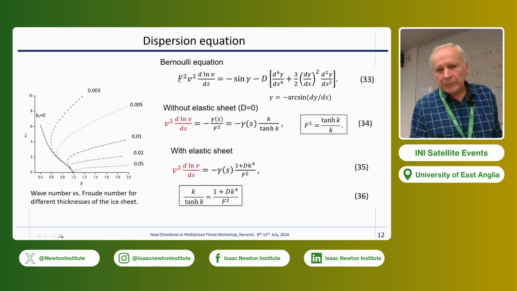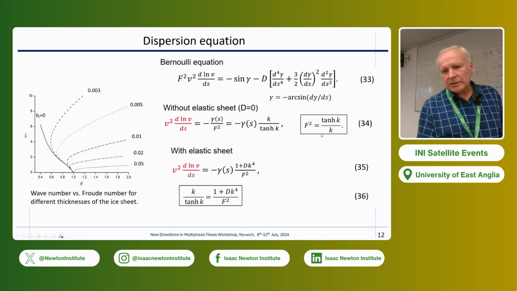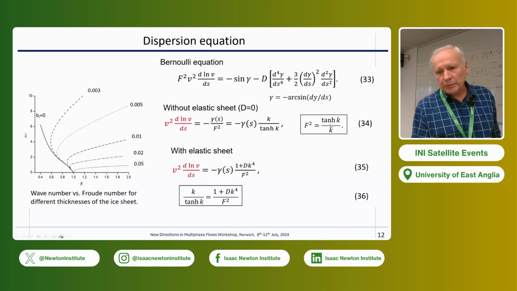So here the Bernoulli equation, differentiated Bernoulli equation, and without ice sheet we have this equation, and we know from the solution for the free surface that Froude number is related to wave number as shown here.